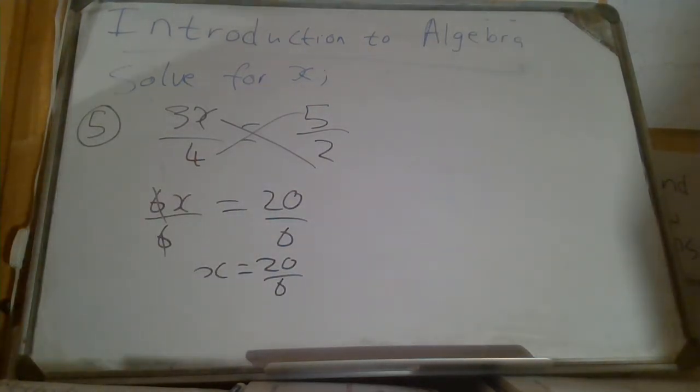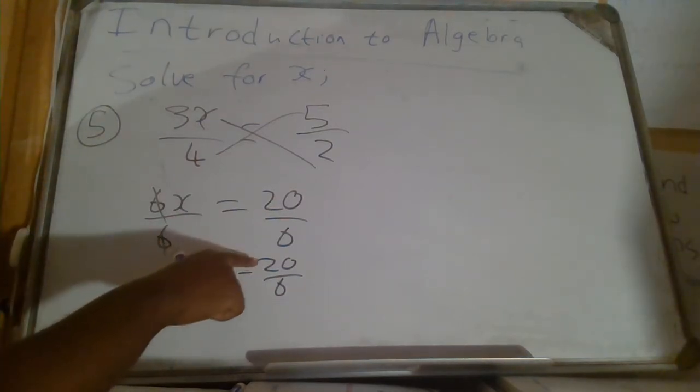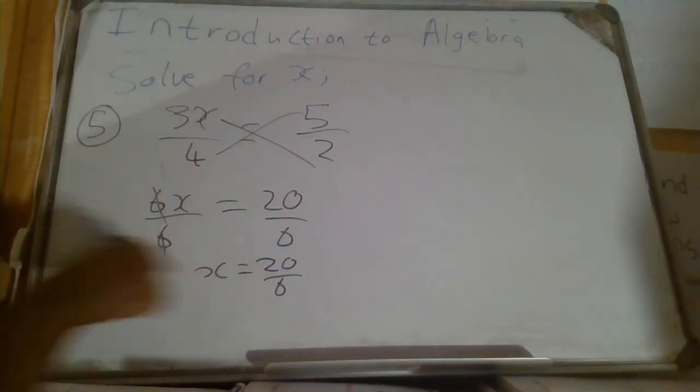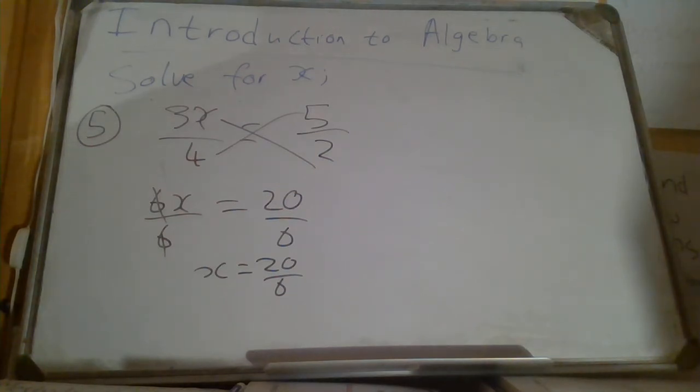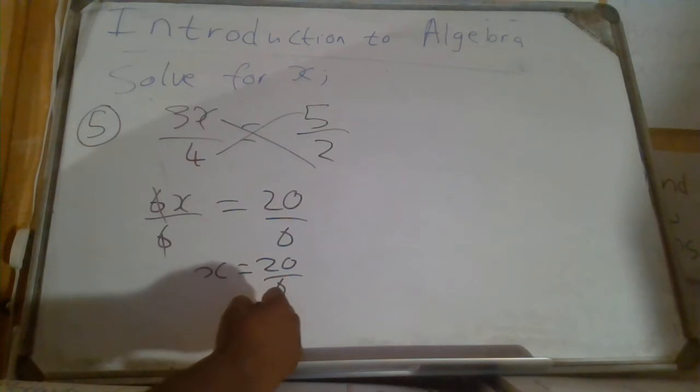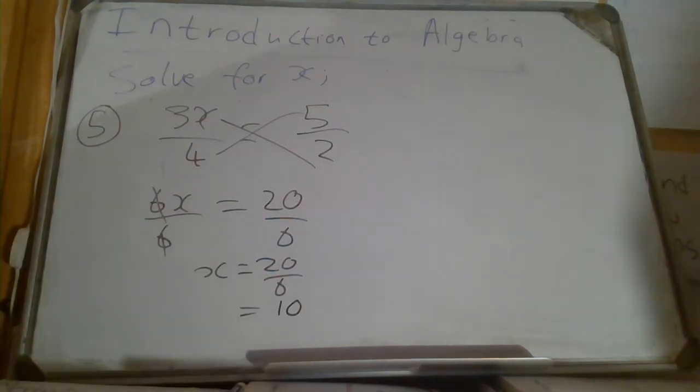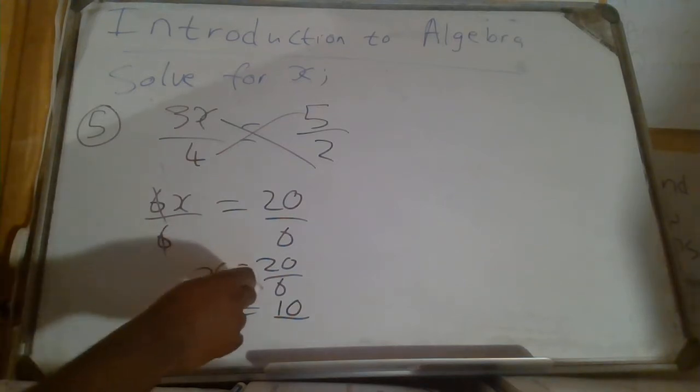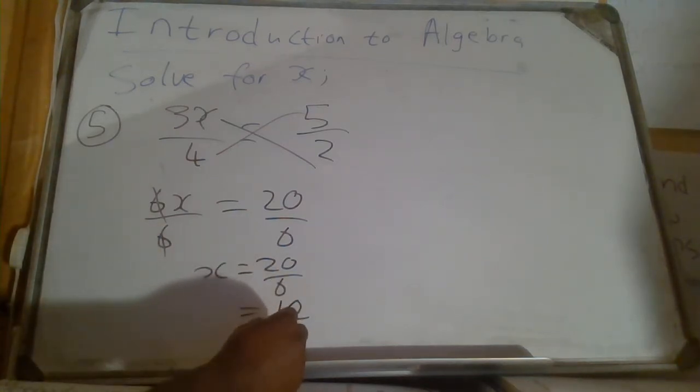Now, 20 over 6 can still be reduced. How do I know that? There is a number that gets into 20, and it can also get into 6. And what number is that? That number is 2. All right? So, how many times does 2 get into 20? It gets into 20 10 times. All right? And then how many times does 2 get into 6? It gets in there 3 times.